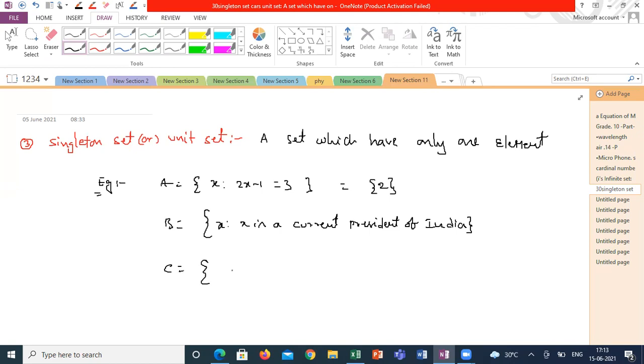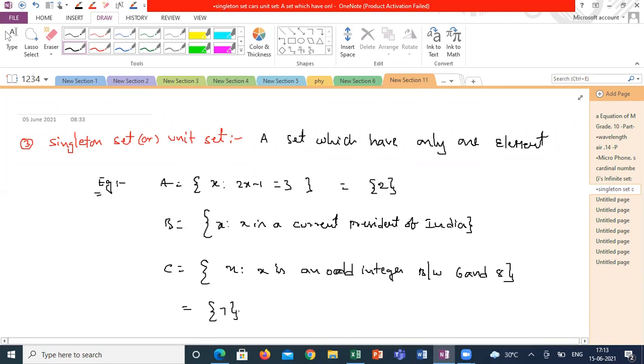And C is {x : x is an odd integer between 6 and 8}. So the answer is 7. In tabular form, this is a set. Any other examples, guys? You can create your own.